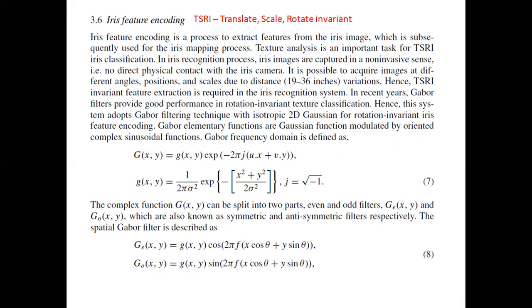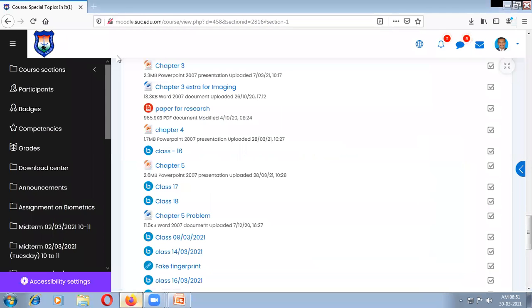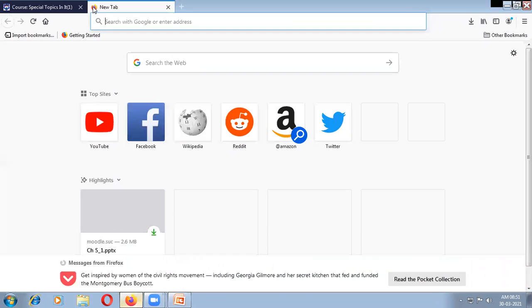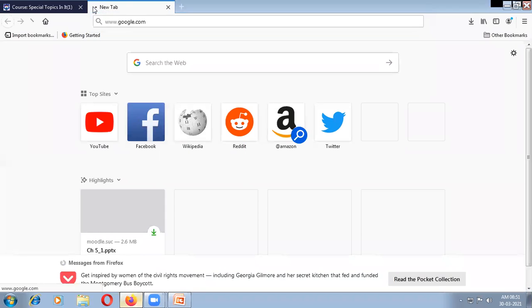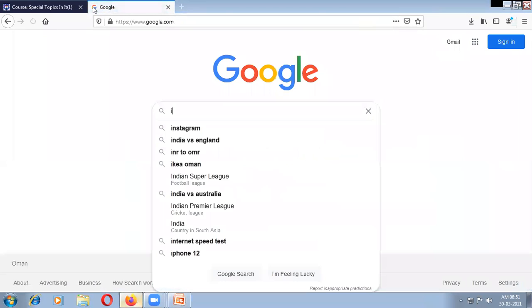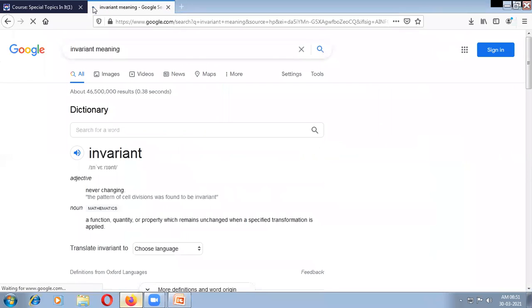What do you mean by invariant? It will not be changed. Variant means changing. Some students don't know the exact meaning of invariant. If you go to Google and search invariant, the general meaning in English is never changing.